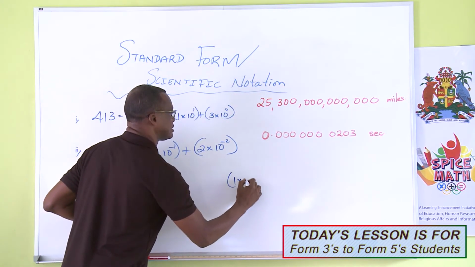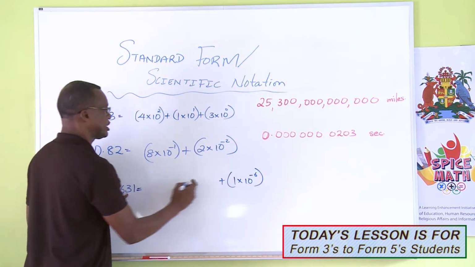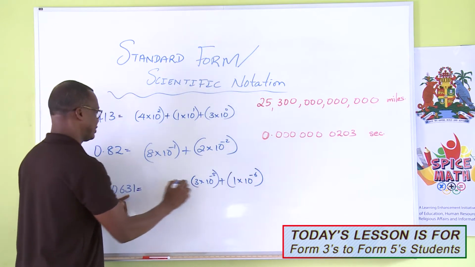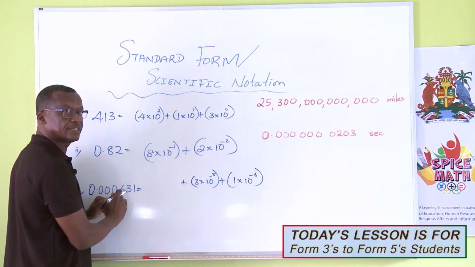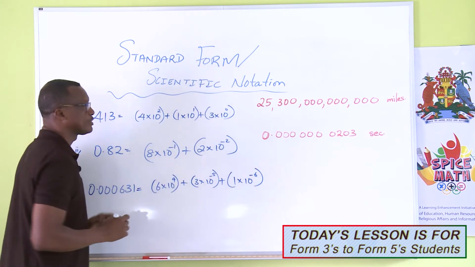So that's 1 times 10 to the negative 6 plus 3 times 10 to the negative 5 plus 6 times 10 to the negative 4.